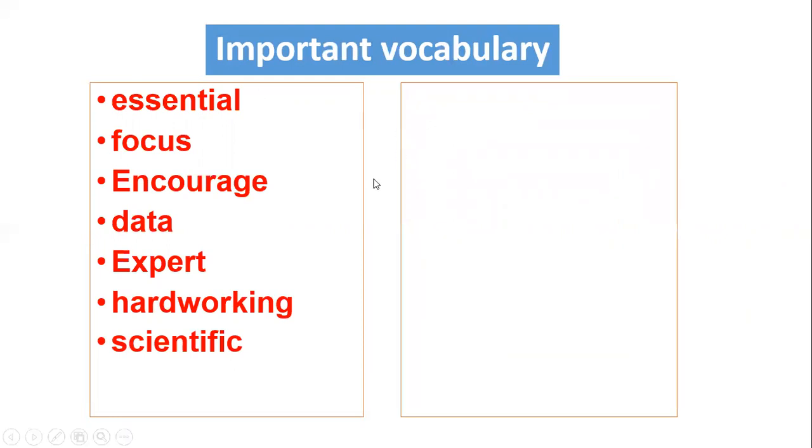Look at the synonyms for these new vocabulary. Essential means something which is important. Focus means concentrate, to pay attention to something.